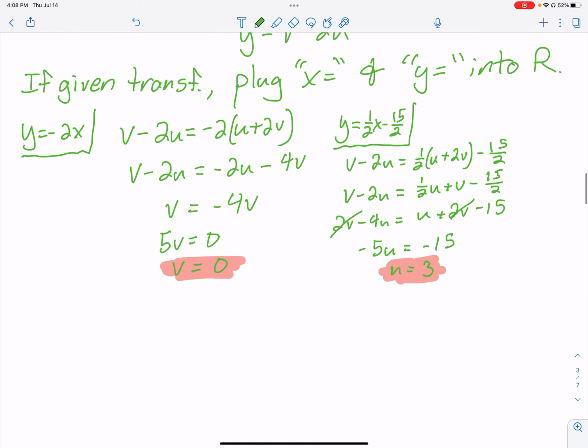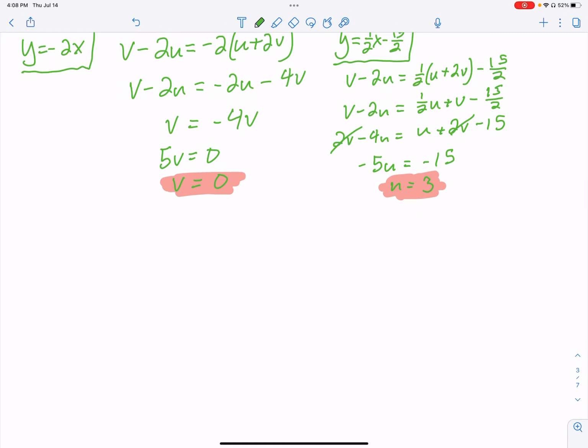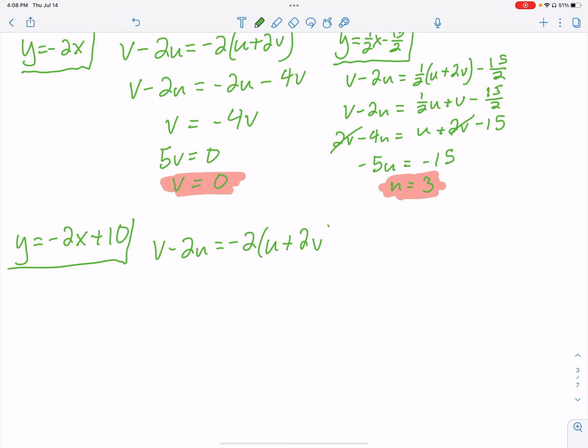I got 2 more conversions to do. I have y equals -2x plus 10. So we get v minus 2u equals -2 times u plus 2v plus 10. I start working this out: v minus 2u equals -2u minus 4v plus 10.